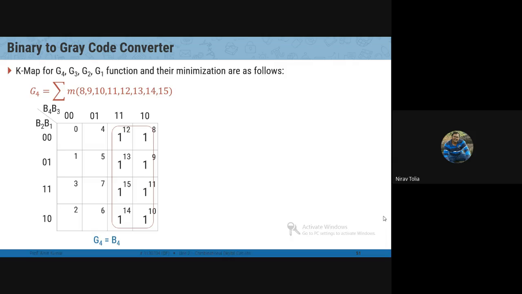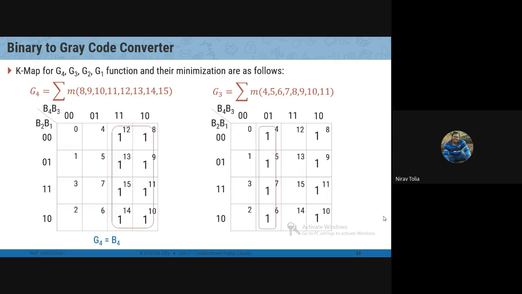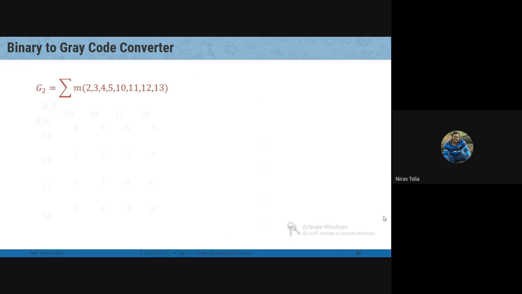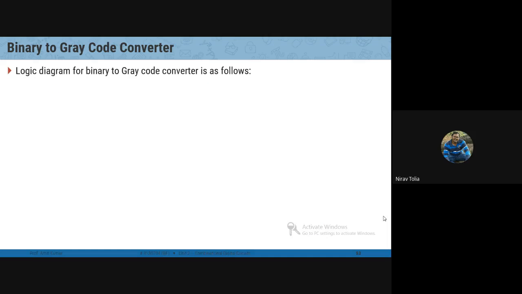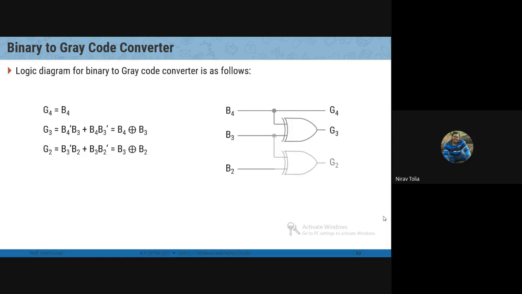I think all of you are now aware of how to solve the K-map. From that we derive the equations: G4 is equal to B4, and G3 is equal to B4 exclusive OR B3. Same way G2 is equal to B3 exclusive OR B2, and G1 is equal to B2 exclusive OR B1.